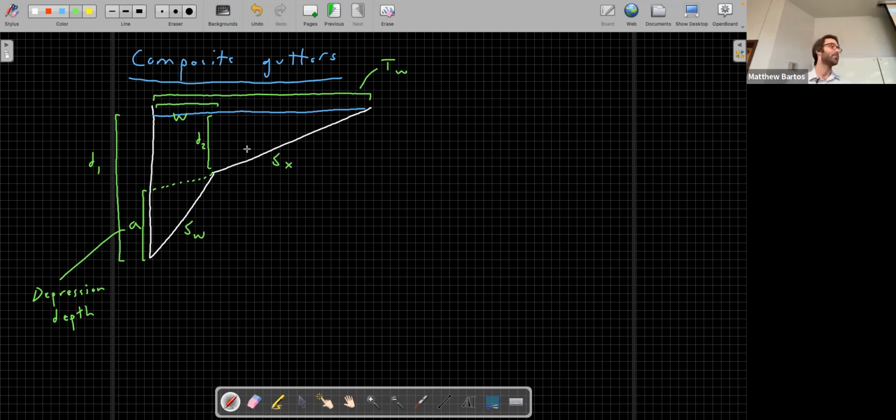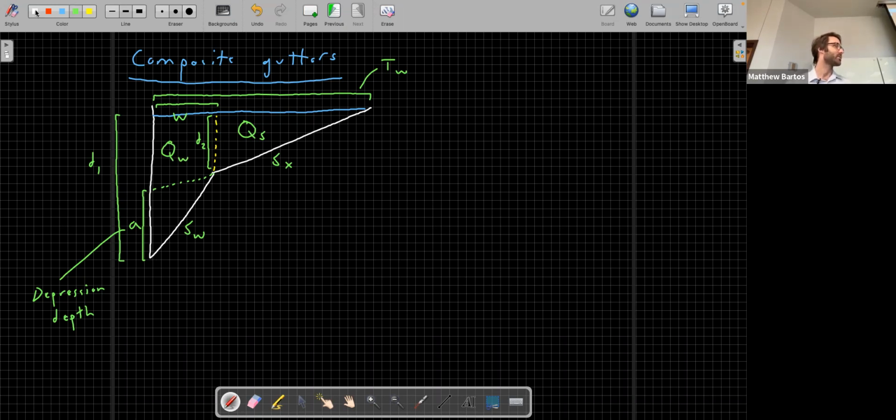Okay. So the way that we'll essentially solve this problem is that we break up the flow into two components. We have the flow in the section that is towards the street, which we'll call QS. So let's make a dividing line here. We have the flow in the section that's towards the street, which is QS, and we have the flow in the section towards the curb, which we'll call QW.